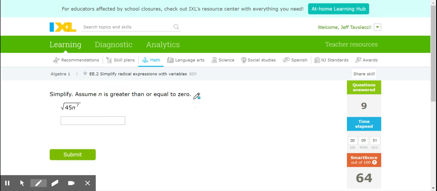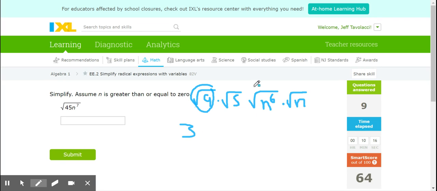Square root of 45, we're going to break it up into square root 9 times square root 5. Okay, square root of n to the 7th, I'm going to break that up into n to the 6th times n to the 1st. It's always the largest even possible and n to the first. So the square root of 9 we can take, it's 3.